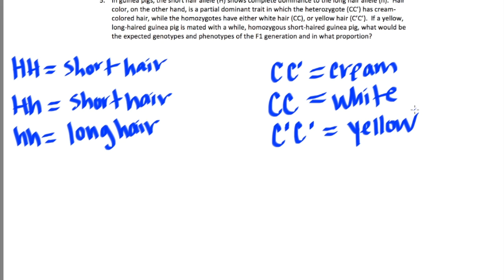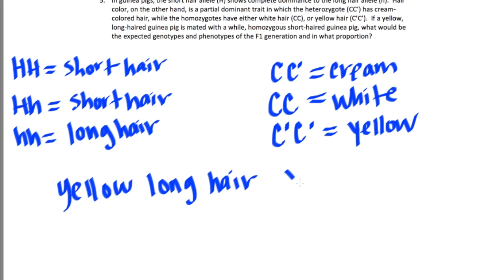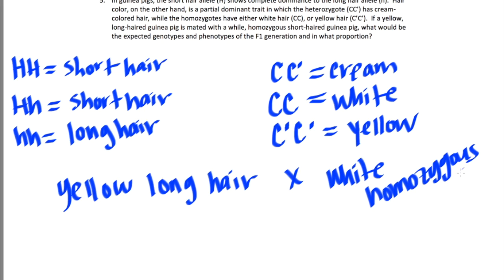All right, so now let's think for just a second, what are the 2 genotypes that we're crossing? It says yellow long hair crossed with a homozygous white short hair.